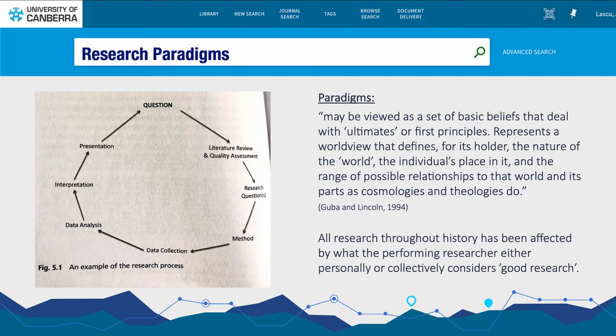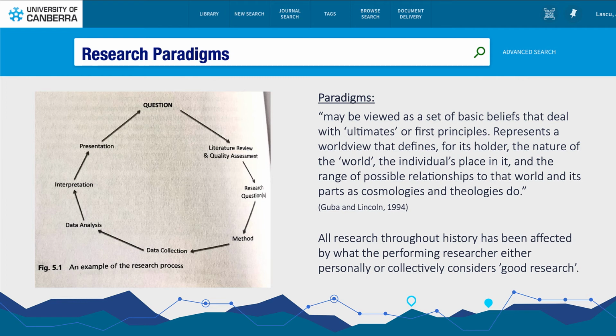Let's step back and go through what a research paradigm really is. Paradigms may be viewed as a set of basic beliefs that deal with ultimates or first principles. They represent a worldview that defines, for its holder, the nature of the world, the individual's place in it, and the range of possible relationships to that world and its parts, as cosmologies or theologies do.